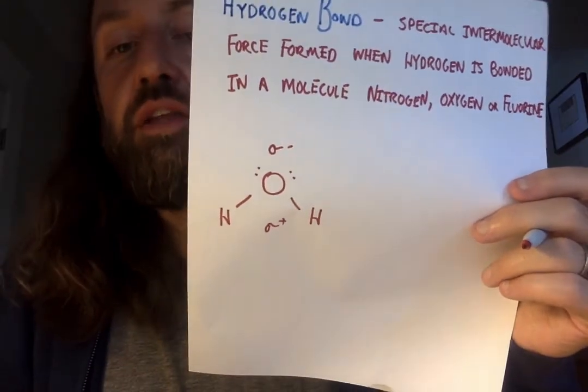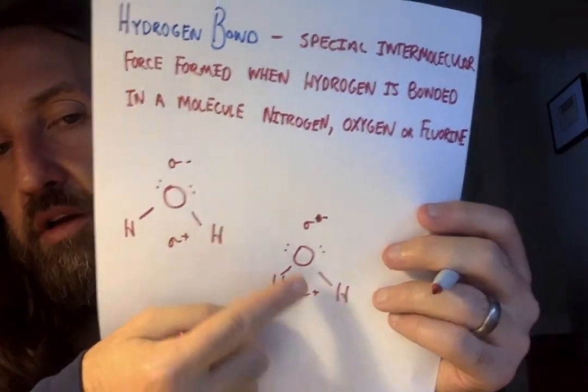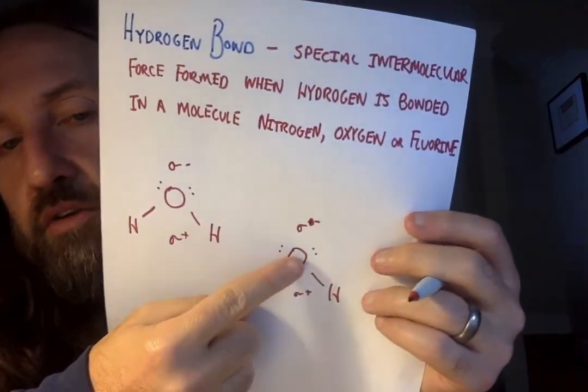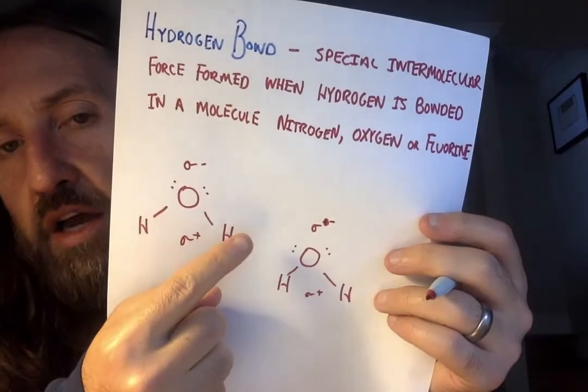So when you get to the idea of maybe another molecule of water, when you put another one in there, what's going to happen is this negative region here is going to be attracted to this positive region here.